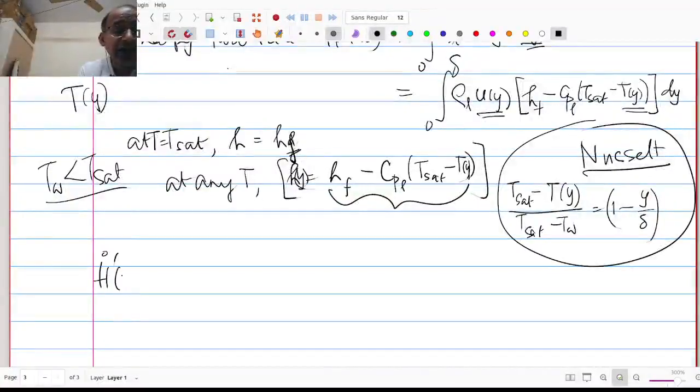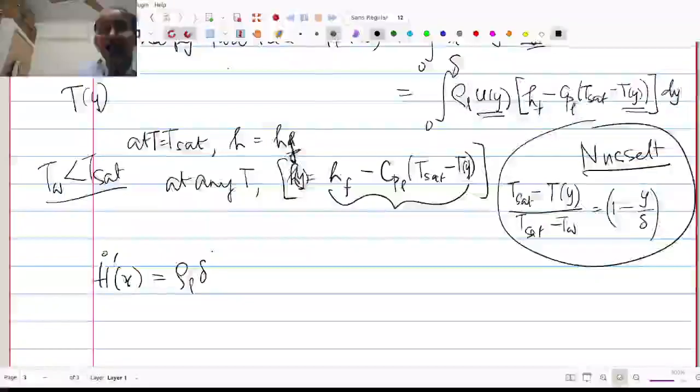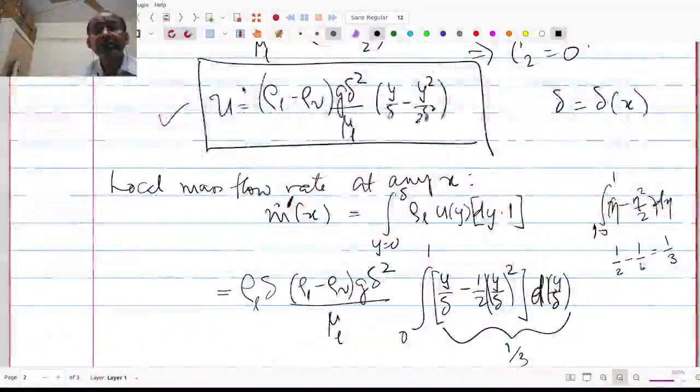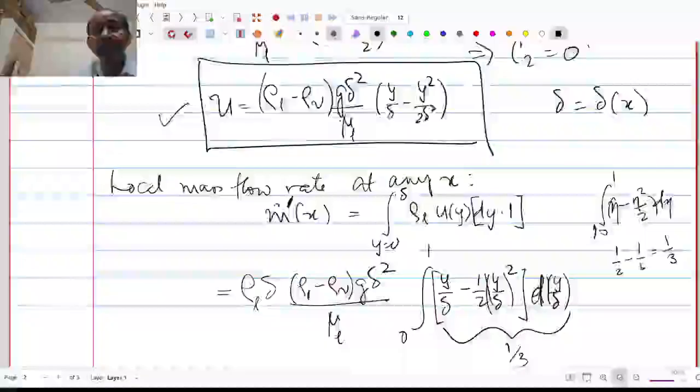dot at any x, which is the enthalpy flow rate per unit width, equal to rho L, this dy by, I make it dy by delta, so I'll put a delta here, and u of y, which I again know from here. So this quantity is inside the integral and these quantities are outside, so there will be a rho L times rho L minus rho v by mu L into g delta square.